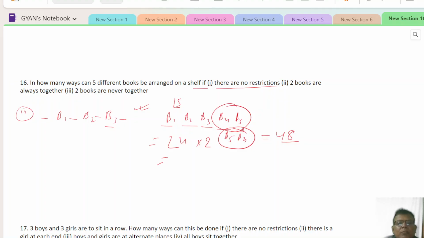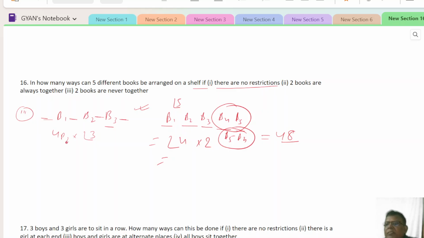So four places for books four and five, and the remaining three books in factorial three. So 4P2 into factorial 3. This will be the answer.